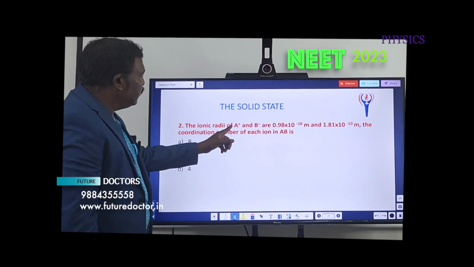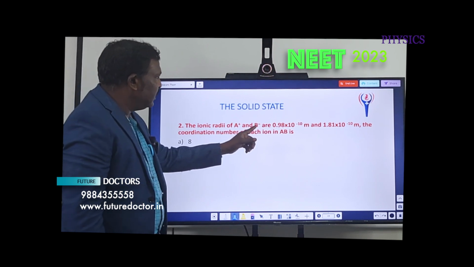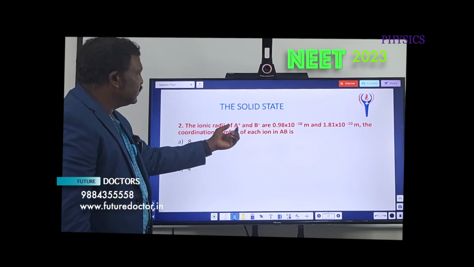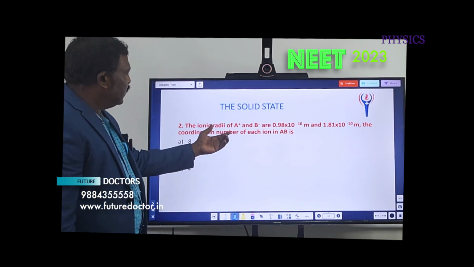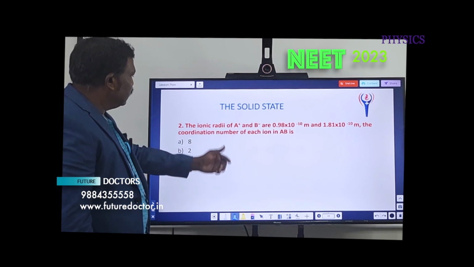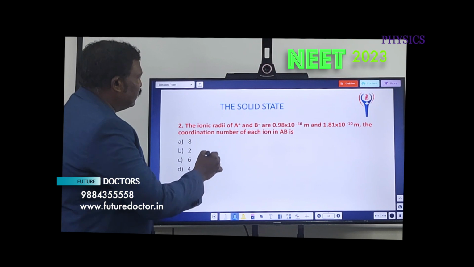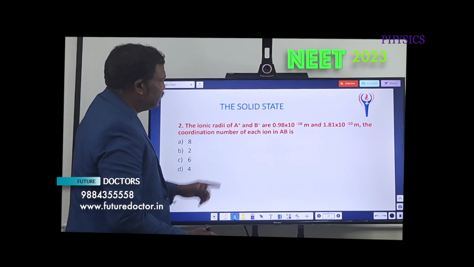The ionic radii of cation and anion are given. The coordination number they are asking. So we have a radius ratio value. If you know this, we can solve these sums.